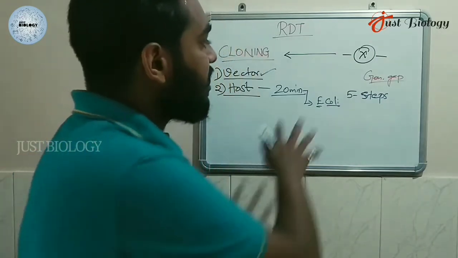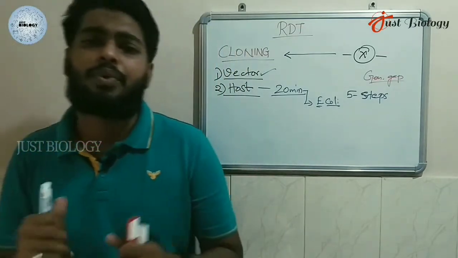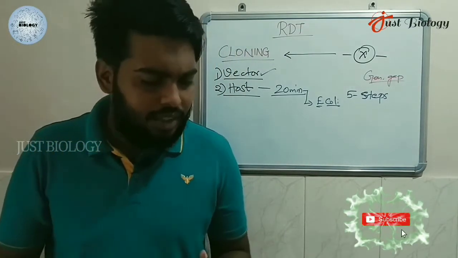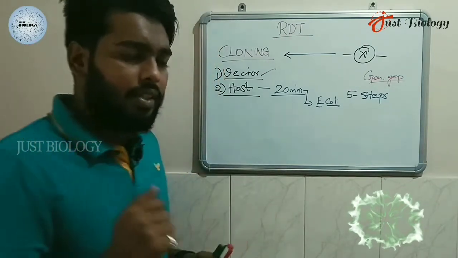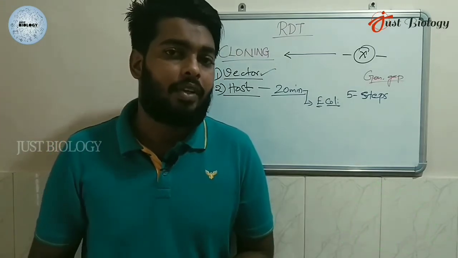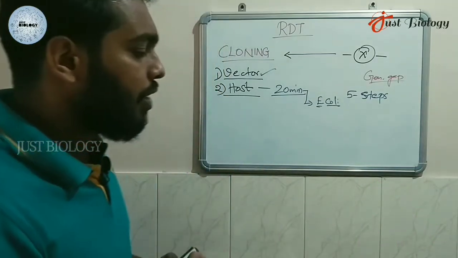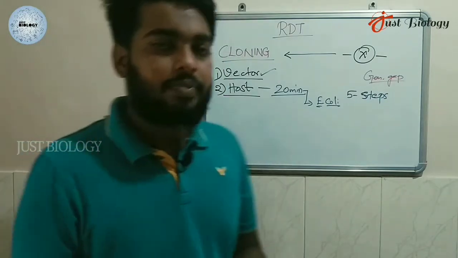Then after getting the DNA, we should select the vector. That is important here. What kind of vector? You can go for the vector which I mentioned earlier. The first step, just remember, is to collect the DNA. The second step of cloning is to select the vector.